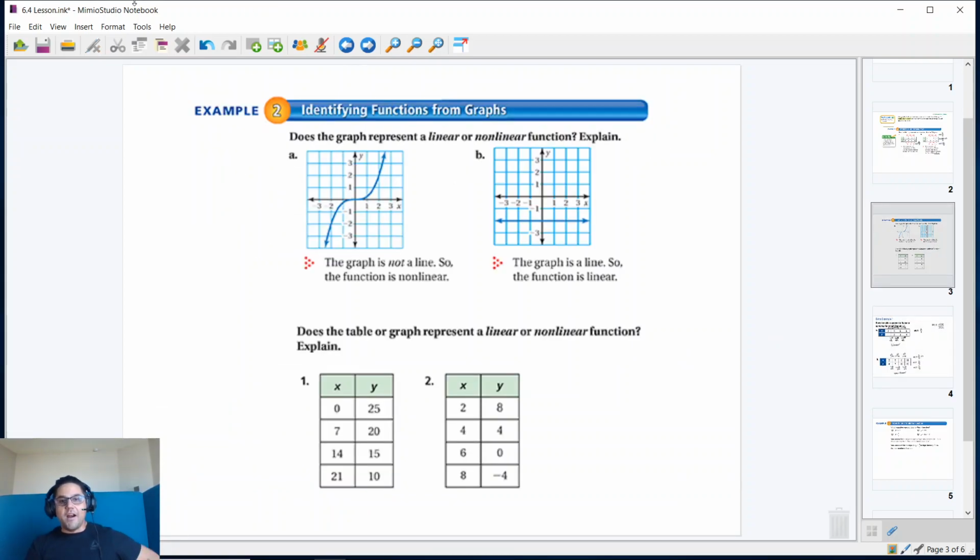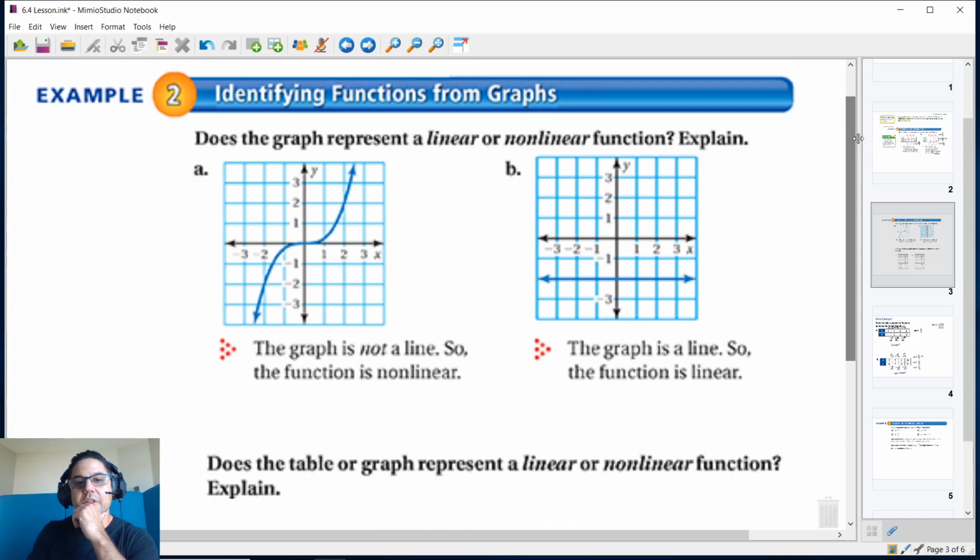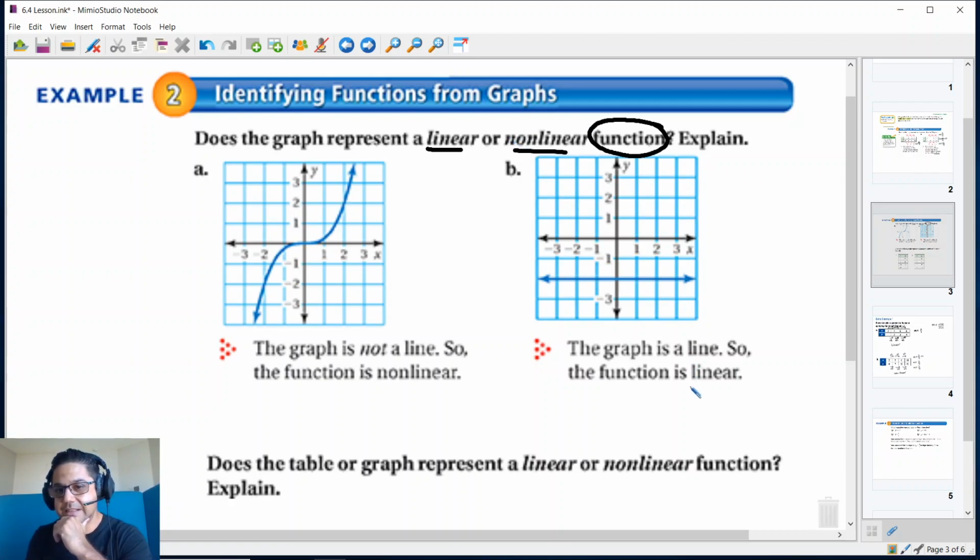When we see our graphs, this is kind of like the duh statement. In other words, these are functions. We are just trying to determine if it's linear or nonlinear. The easiest way to ask yourself is, is it a line? If you have a graph that looks like a line, then it's definitely linear because it's a line.